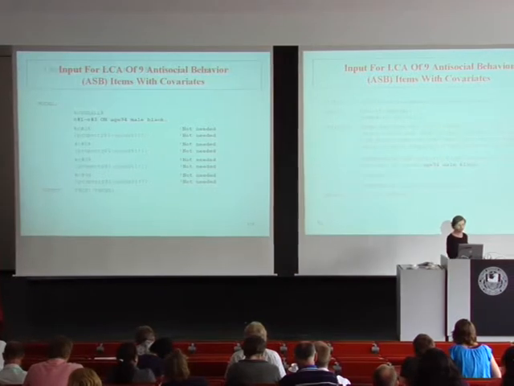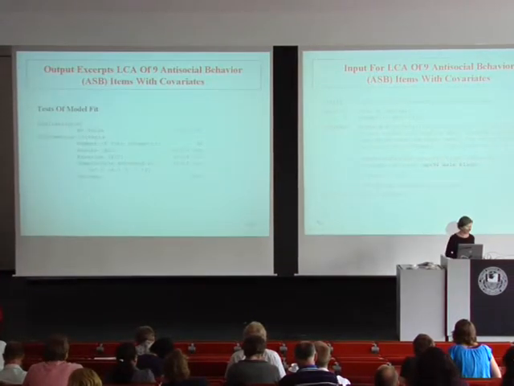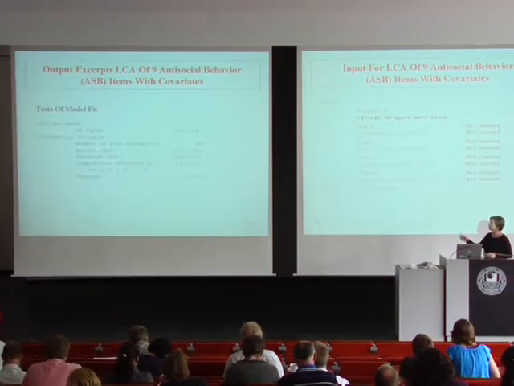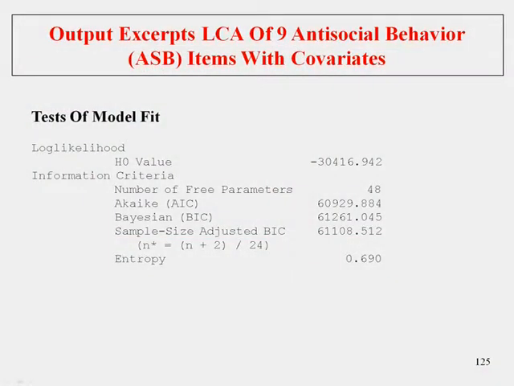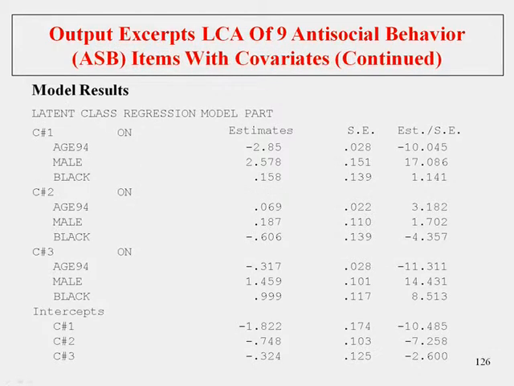And then on the left screen, you have the normal log likelihood and test of model fit. But what we're most interested in in this example is the results of the multinomial logistic regression. And so here we have class 1, the high class, for example.